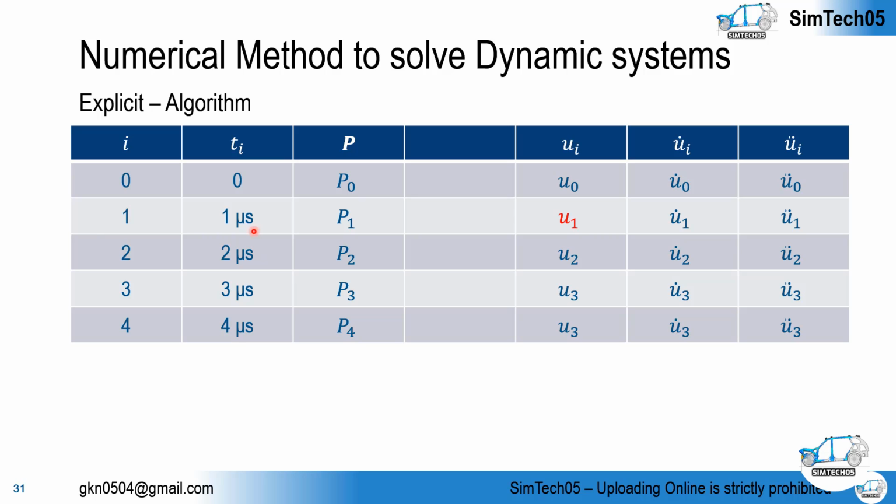But for the sake of simplicity, we are taking 1 microsecond, 2 microsecond and so on. It depends on the element type, element size and many other parameters of the material. The P, the applied load, is also known to us. So what is unknown? These are the unknowns.